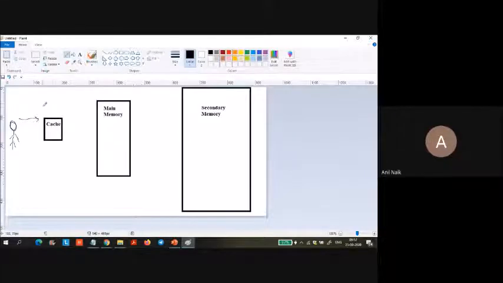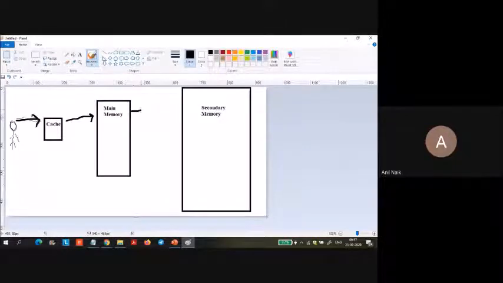If the data is not present in the cache memory, it will go to the main memory.